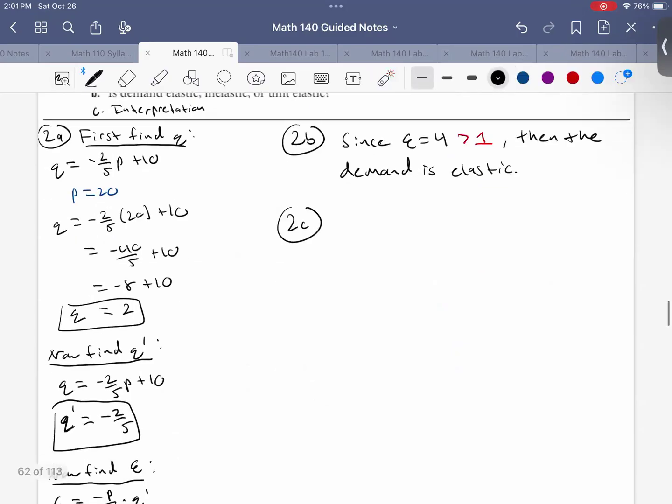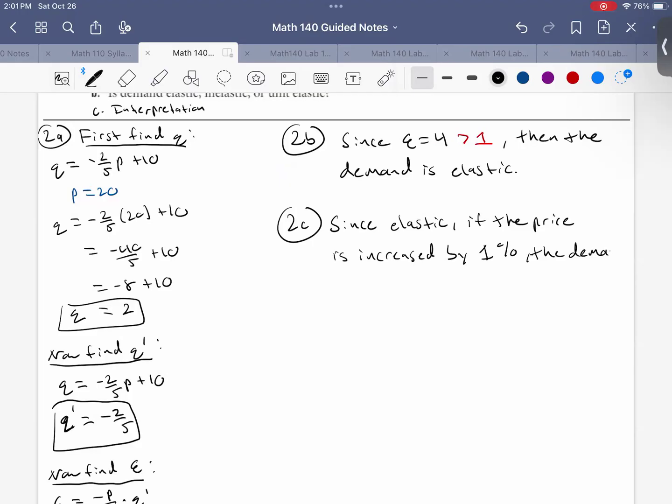This is kind of copy and paste for these questions: since elastic, if the price is increased by 1%, the demand will decrease by this epsilon that you found, this point of elasticity, that percentage.